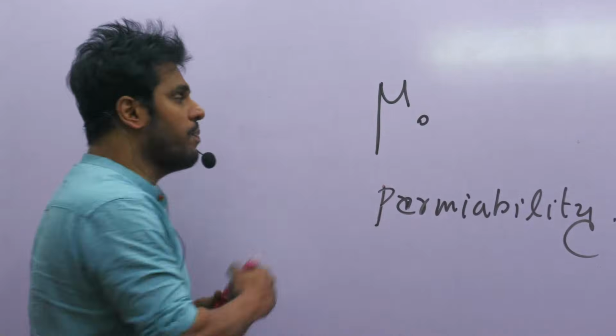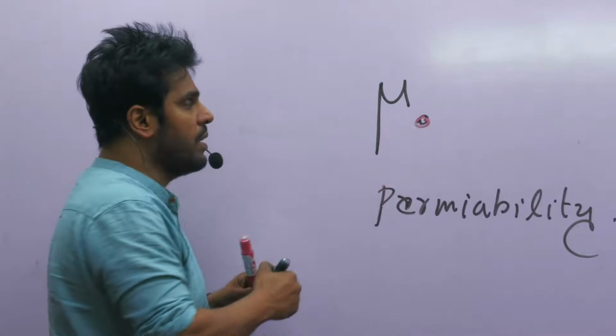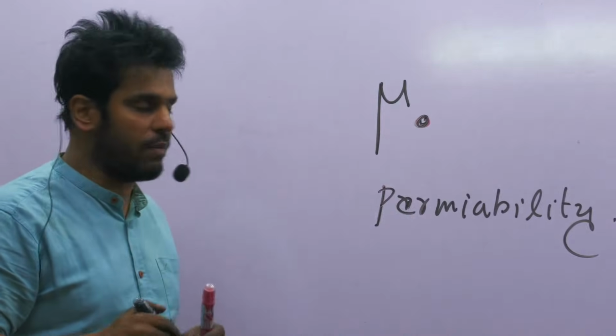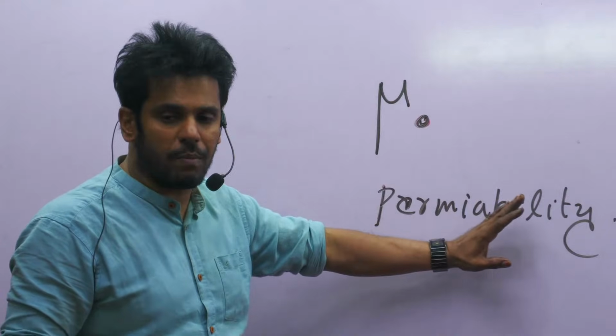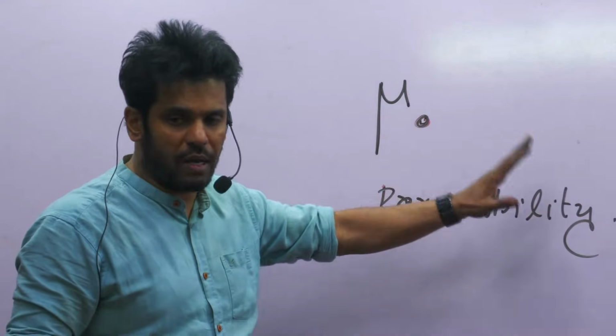But when you write mu naught, that is the permeability of free space or air.